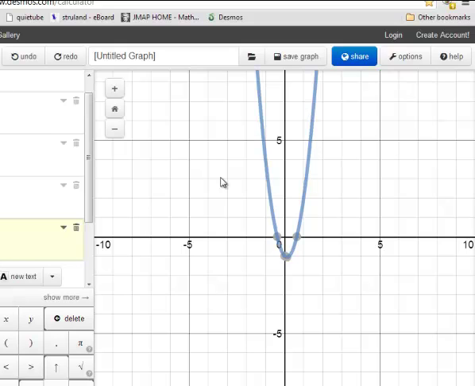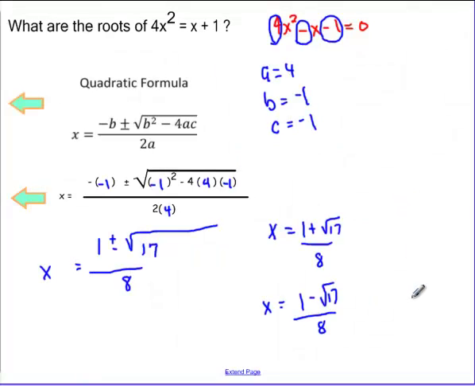This will give us approximations. See, it crosses twice at -0.39 and +0.64. So if I were to do this on my calculator, I should get these answers out as approximations.